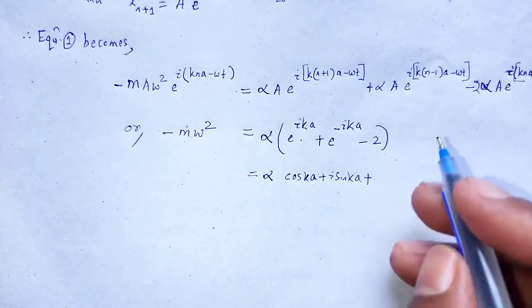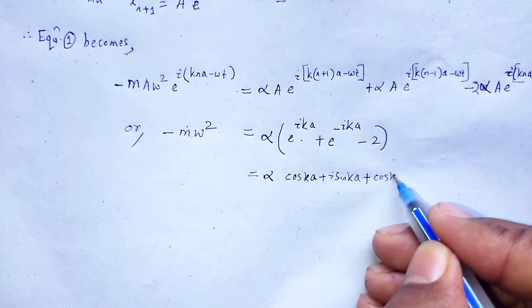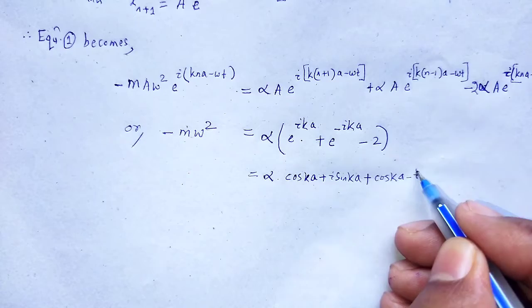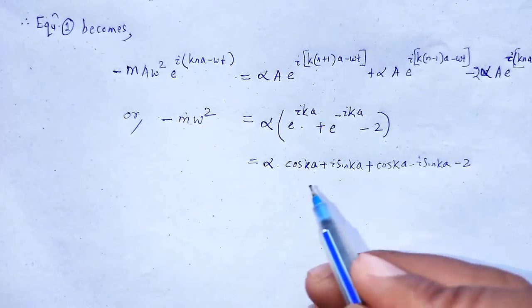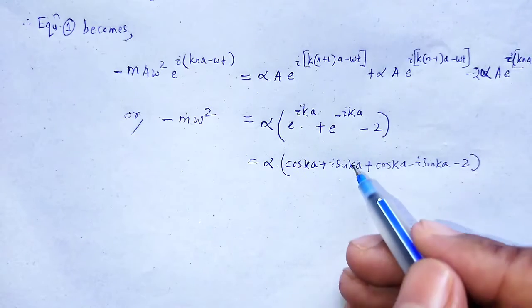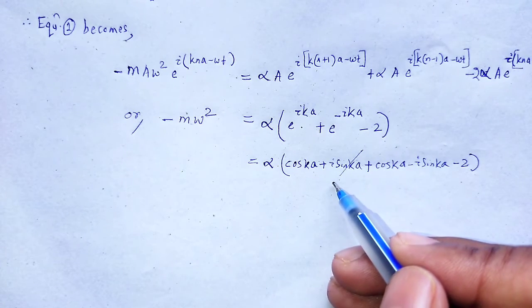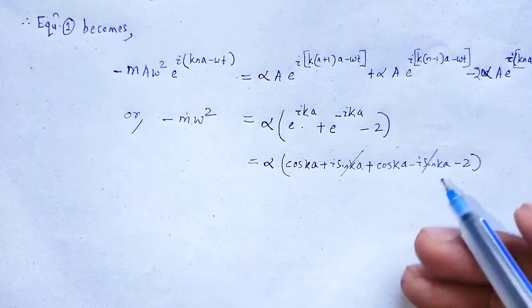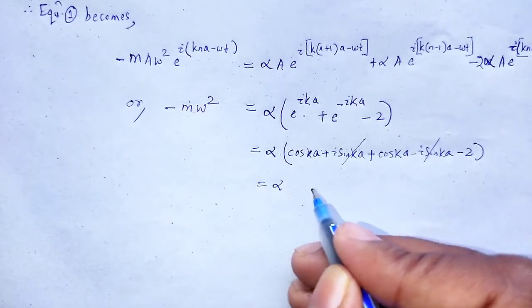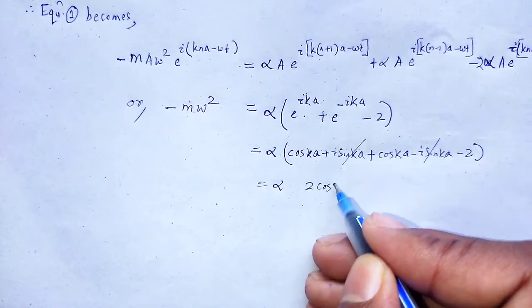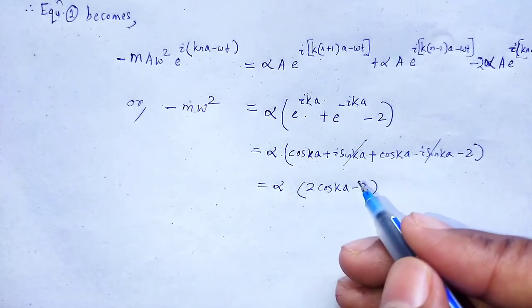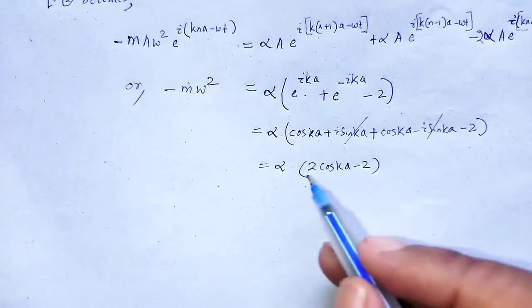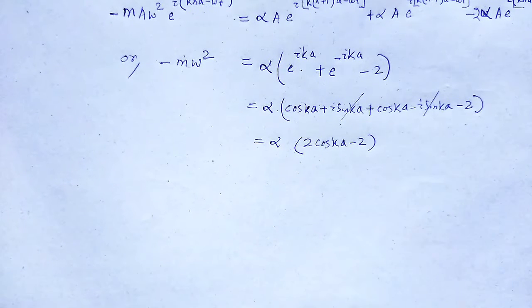Again e to the power minus i k a is equal to cos ka minus i sin ka. So minus 2 plus i sin ka minus i sin ka cancelled out, alpha (2 cos ka minus 2).